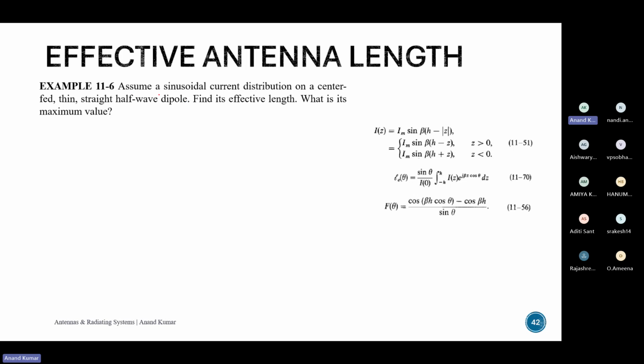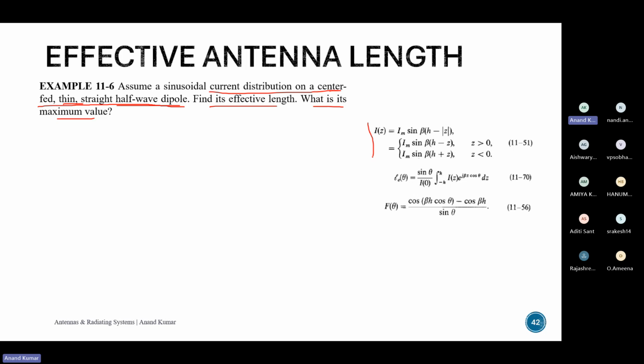So we are to assume a sinusoidal current distribution on a center-fed thin straight half wave dipole. This is the one we have been looking at in the last few slides. We have to find its effective length and its maximum value.